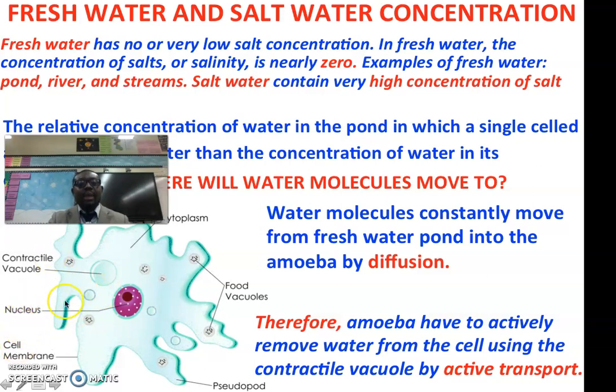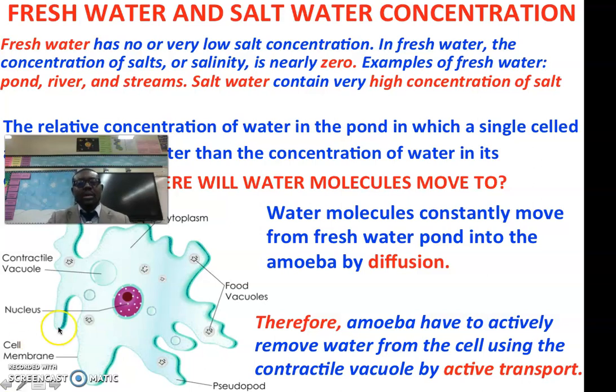Then the contractile vacuole will break to let the water out of the amoeba cell. To achieve this, the amoeba cell has to use energy to constantly move the water out of its cell to maintain a constant internal environment.